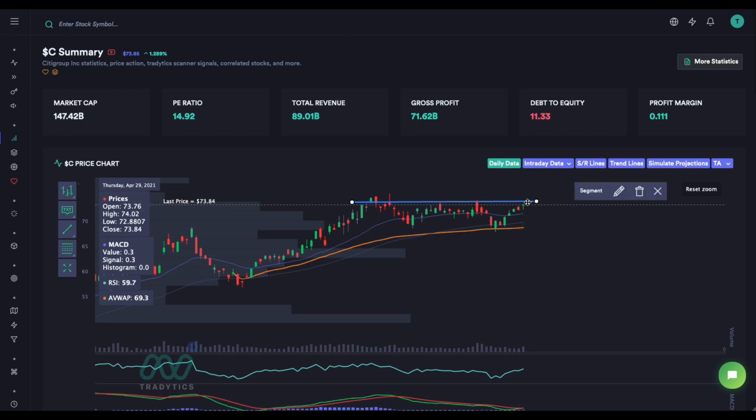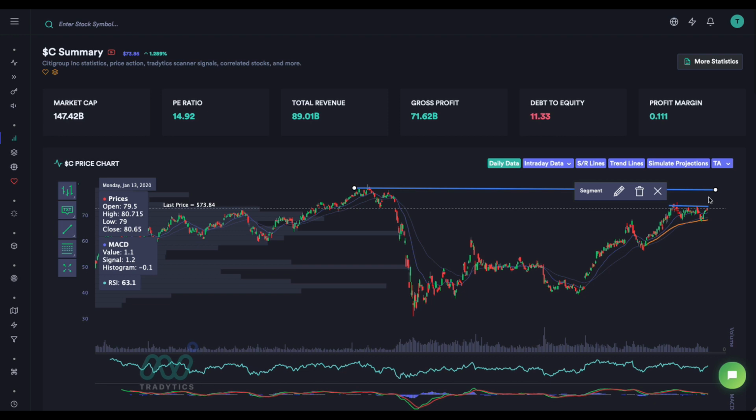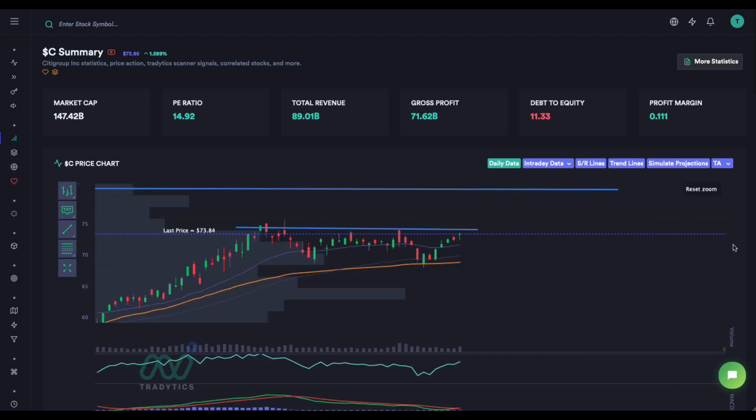But another safe way to enter this alert would be to just wait until we actually break this resistance level. So once we break this 74 level, 74-75 level, there is no resistance above until this level. So that is a very large gap between the current resistance level and the next resistance level, and that is what you want to exploit.